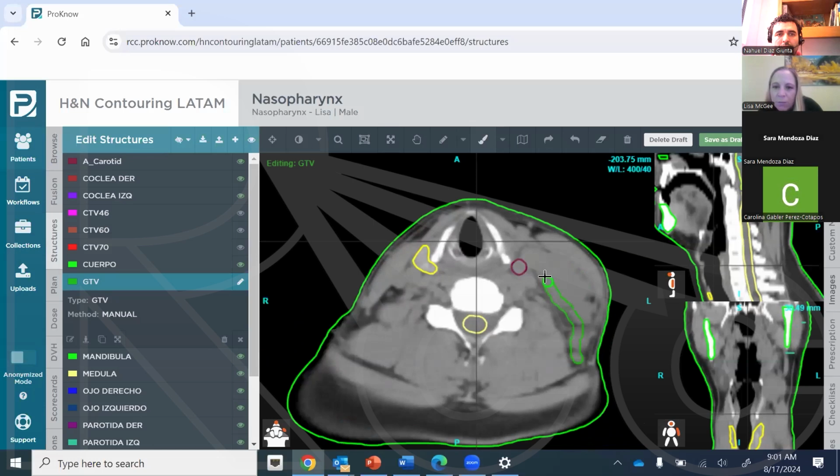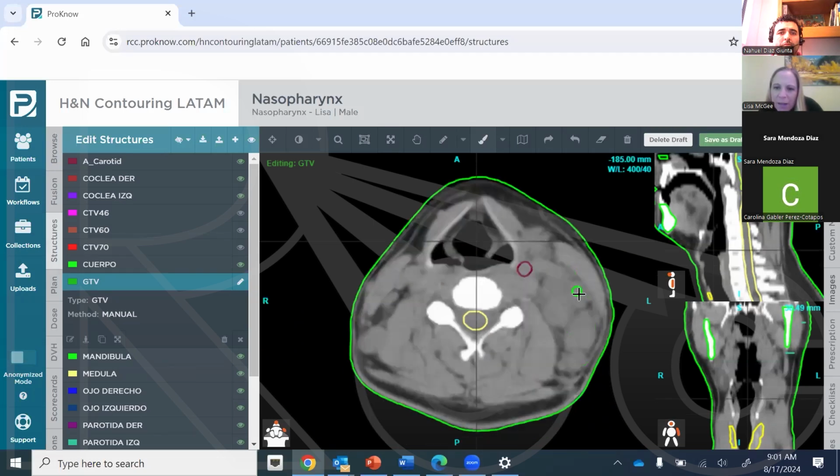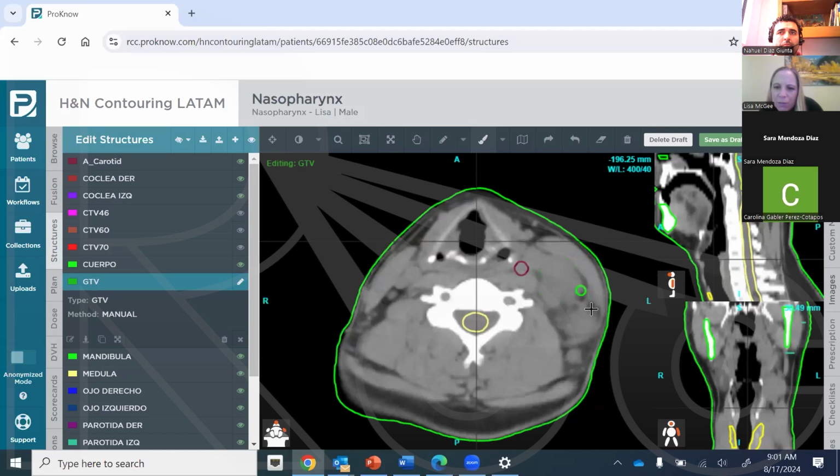And so most of your level 5 at much of the level here is going to be included in your high risk volume. And then I apologize, I don't know how to use the interpolation feature in this particular program very well, but I'm just kind of contouring out a few slices so that you can get the general gist of it.